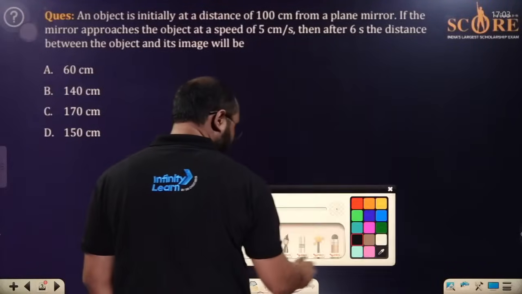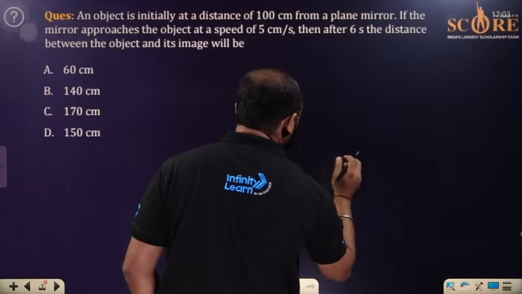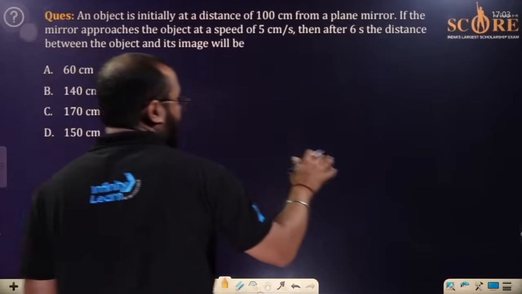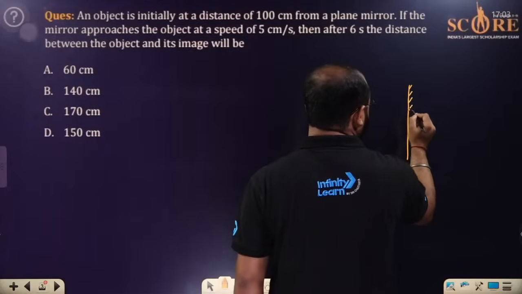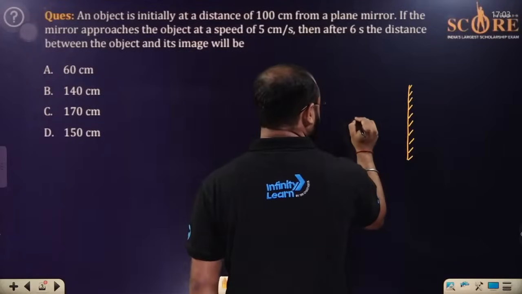So let us solve this question. Let us suppose this is the mirror and this is the object.